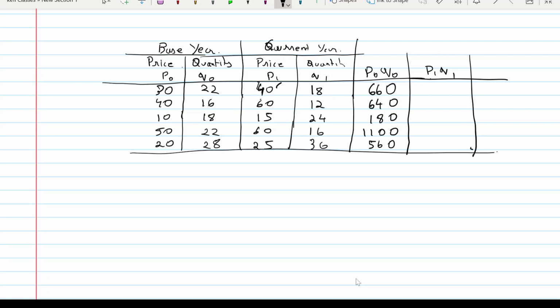So you have to multiply these numbers. 40 into 18. 18 fours are 72 and 1 zero, 720. 12 sixes are 72 and 0. 15 into 24 is 360.